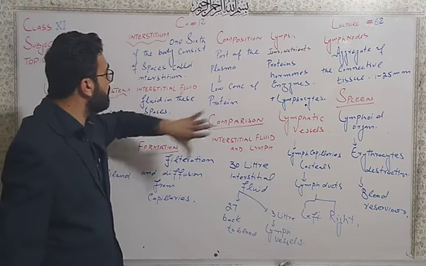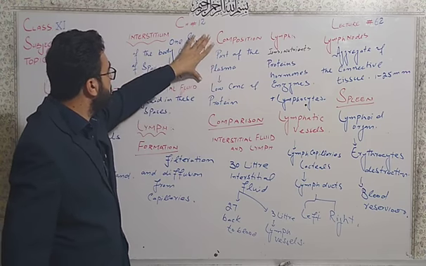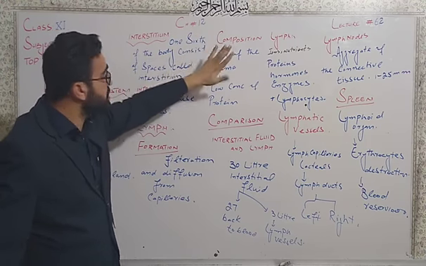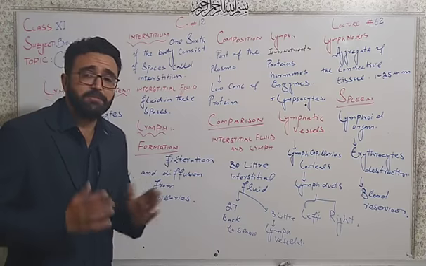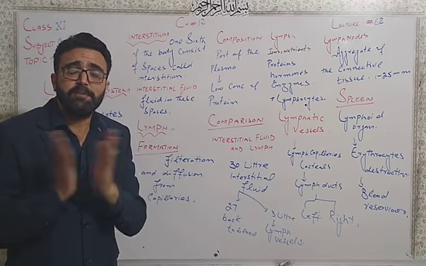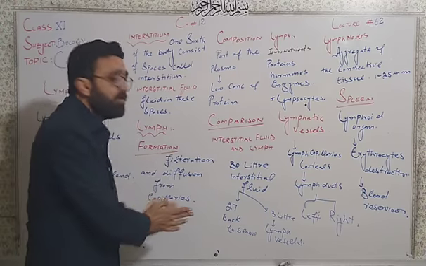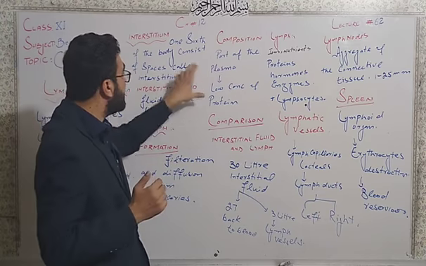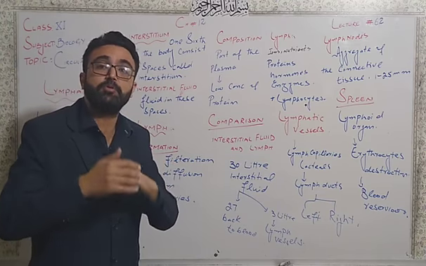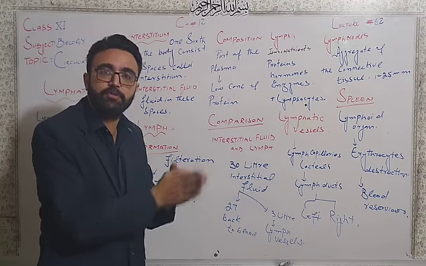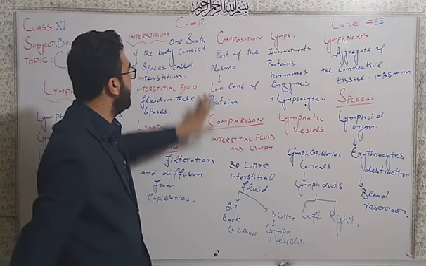Now, if we look at the composition of the interstitial fluid, it is most similar to the plasma because it's derived from the blood, but the main difference is that it has a low concentration of protein because protein can't pass easily through the basement membrane.